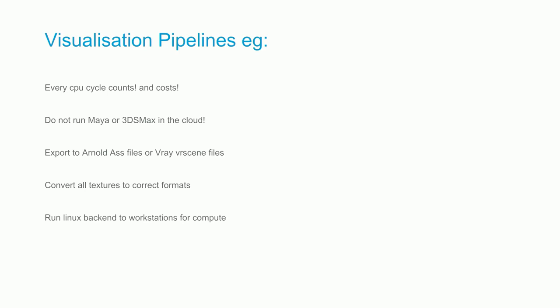And that's costing you money. Okay? Every time that texture's converted, you've done the same thing again and again. So what you really want is Arnold or V-Ray to load the scene, load the textures, and start rendering as soon as possible. And that's why we switch to these pipelines, because I don't have to install Max on an image. I don't have to install Maya on an image anymore.